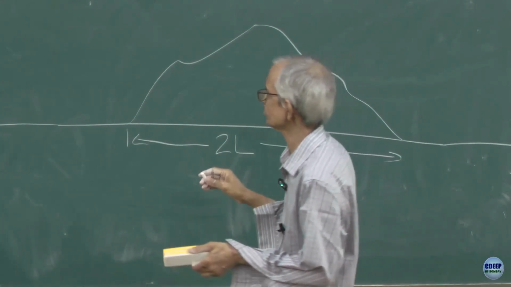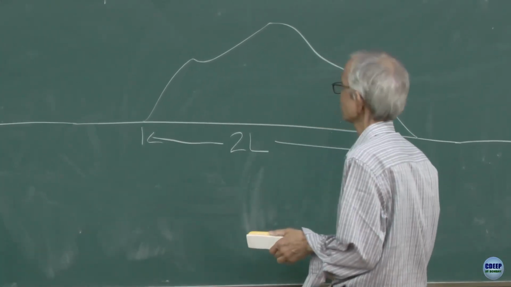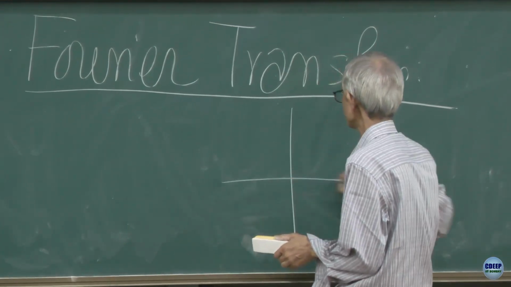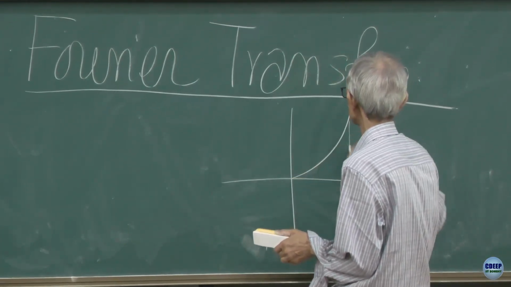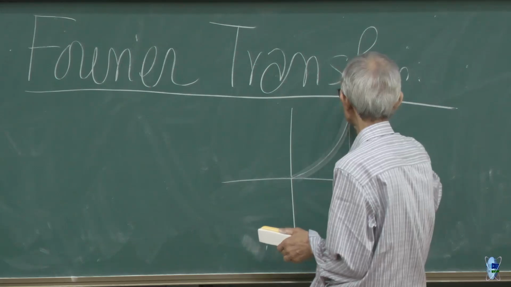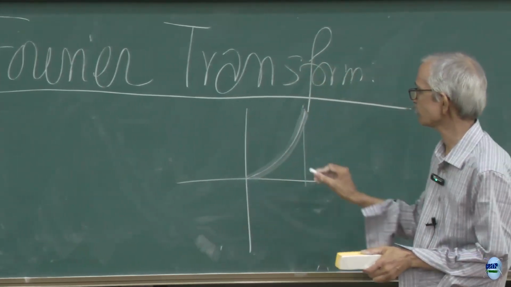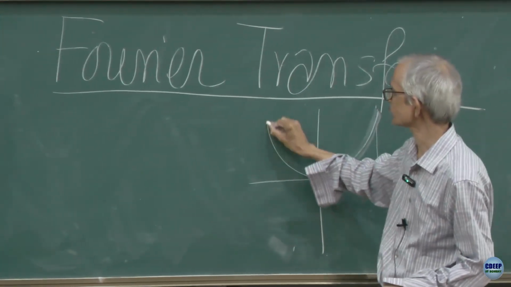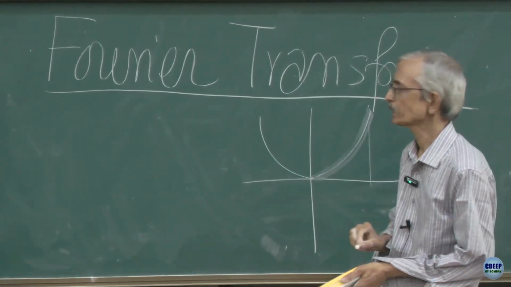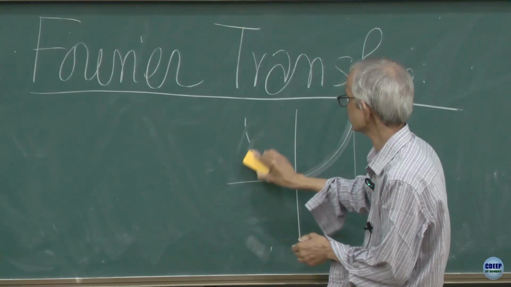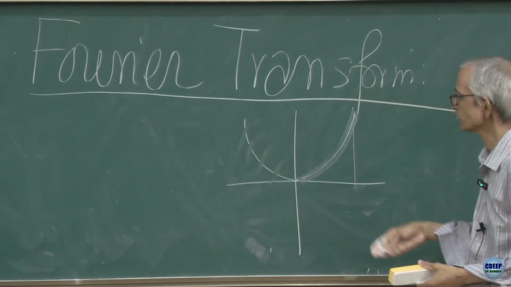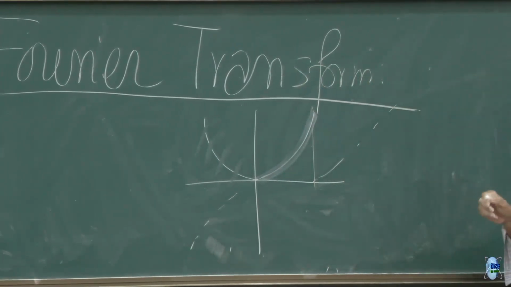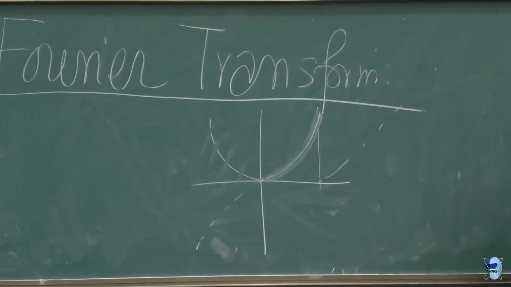But the same thing which we did in the past: we had this function here, and we wanted to somehow represent it. What did we do? We brute force made it periodic. I could do this, I could do this, I could do anything to make it periodic.